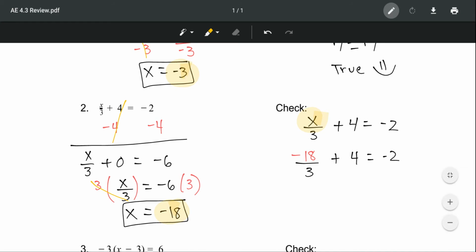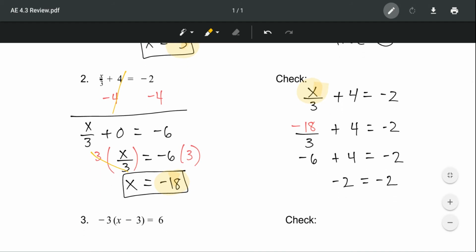So now divide negative 18 by 3, and that would be negative 6 plus 4, and we're going to verify that that sum equals negative 2. Negative 6 plus 4 is negative 2. So if negative 2 equals negative 2, that means we did solve correctly.